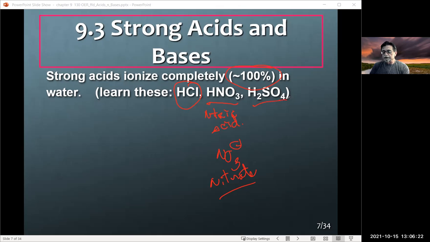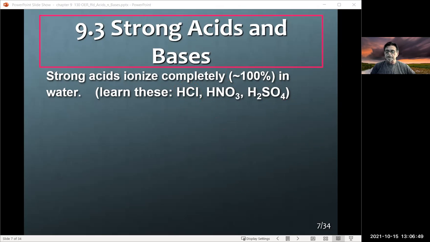Then another strong acid is called sulfuric acid. Notice the SO4. Does that look familiar too? Polyatomic ion, sulfate. Putting those protons back on, you get sulfuric acid. All right, so those are three examples of very strong acids.